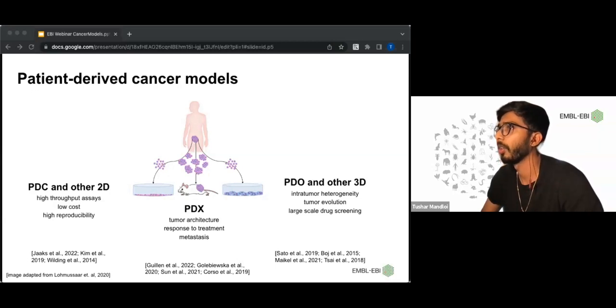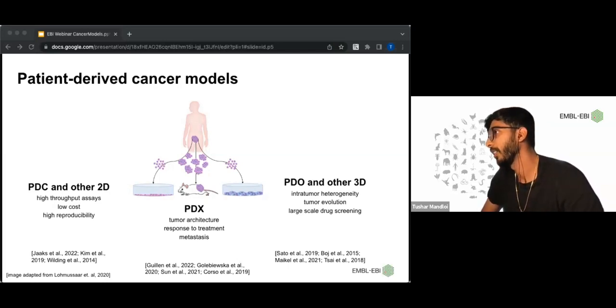These models involve implanting the patient tumor tissue directly into immunodeficient mice. These models retain the genetic and histological features of the original tumor and can be used to study tumor growth, metastasis, and response to therapies. PDX models are particularly valuable for evaluating the efficacy of anti-cancer drugs and investigating tumor heterogeneity.